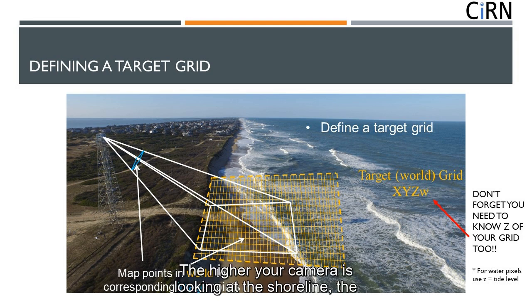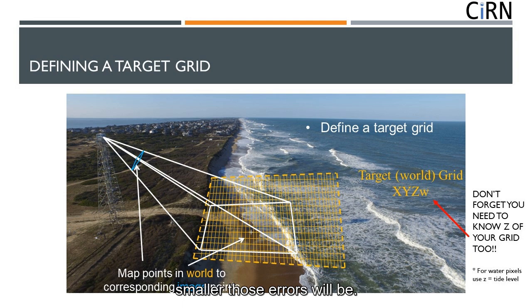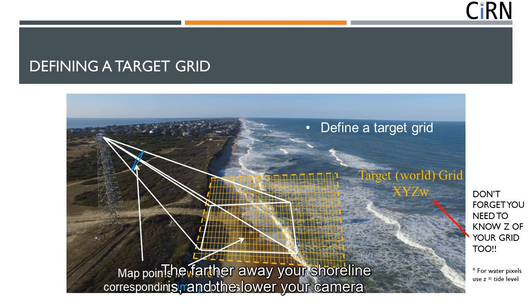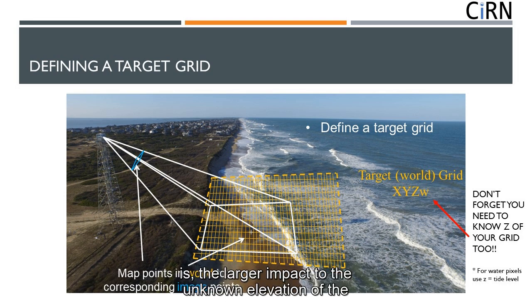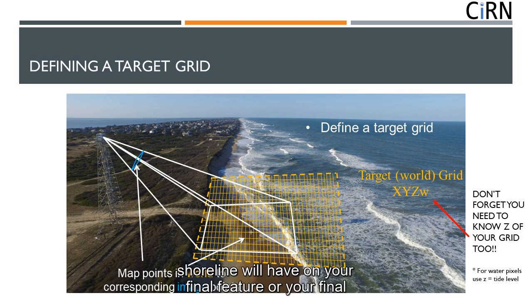The higher your camera is looking at the shoreline, and the closer your shoreline is to the camera, the smaller those errors will be. The farther away your shoreline is and the lower your camera is, the larger impact the unknown elevation of the shoreline will have on your final feature or your final measurements of shoreline change, for example.